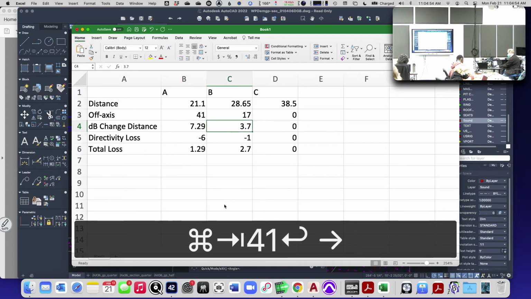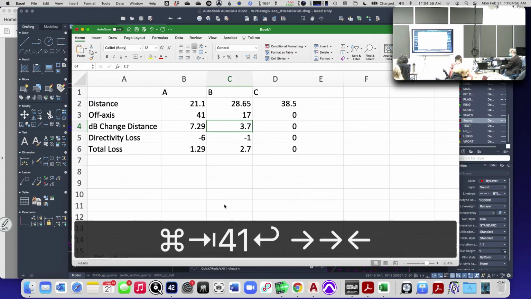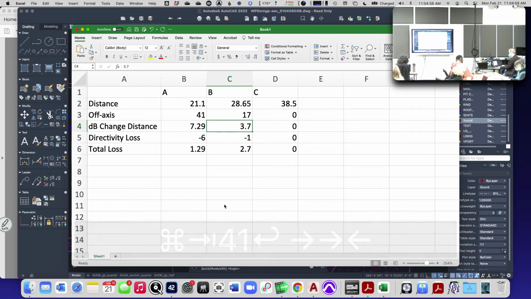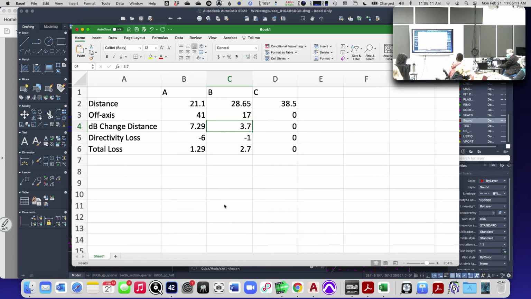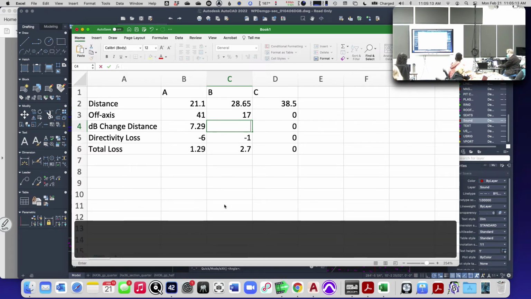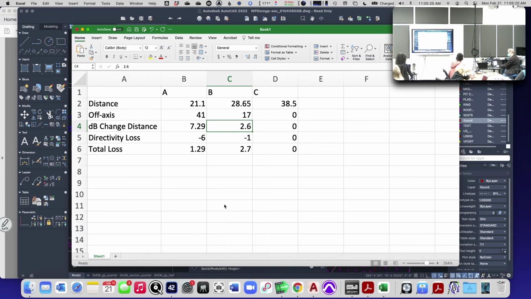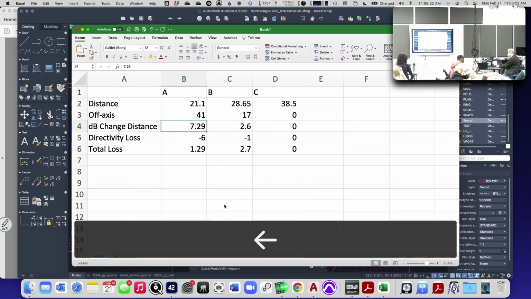There we go. Okay, loss over distance. What is 20 times the log of 38.5 divided by 28.65? 2.6. Anyone else get that? Okay.